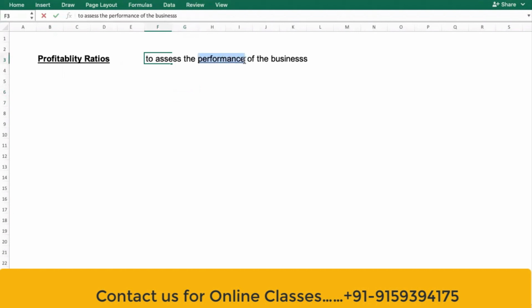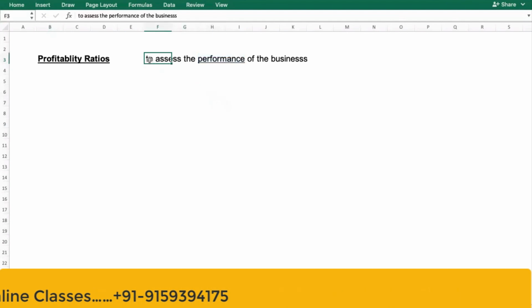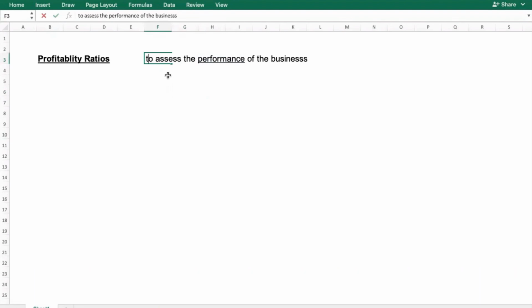Like if I talk about the performance of a student, it is measured by the grades in the exam. Same thing here: how the business is performing in the industry in comparison to its competitors. To check that, we use profitability ratios.